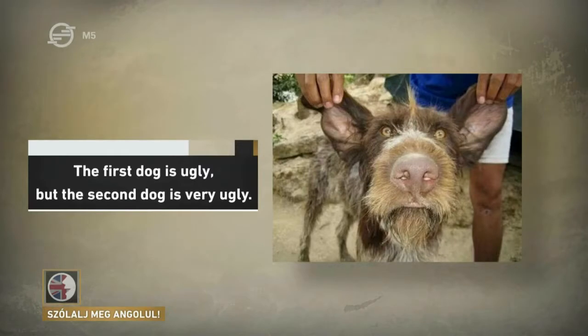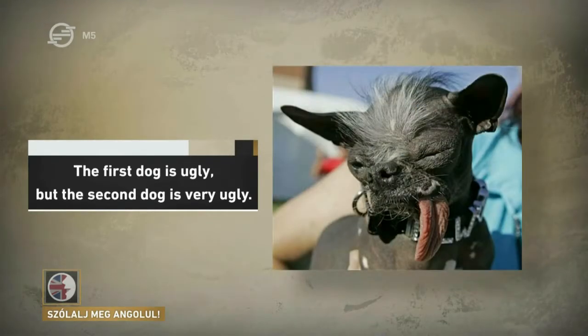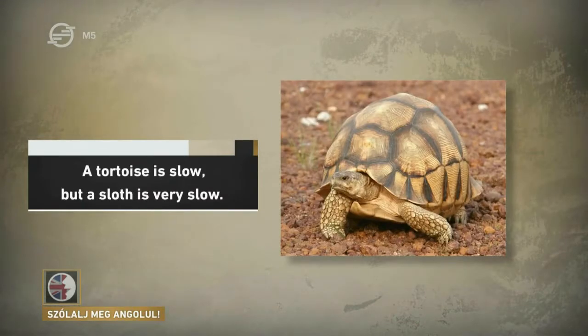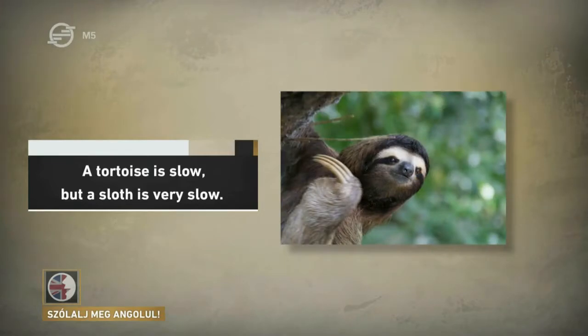Now, tall and fast are positive adjectives, but we can use very with all adjectives, positive or negative. Look at these examples. The first dog is ugly, but the second dog is very ugly. A tortoise is slow, but a sloth is very slow. So, as you see, we can use very with all adjectives.